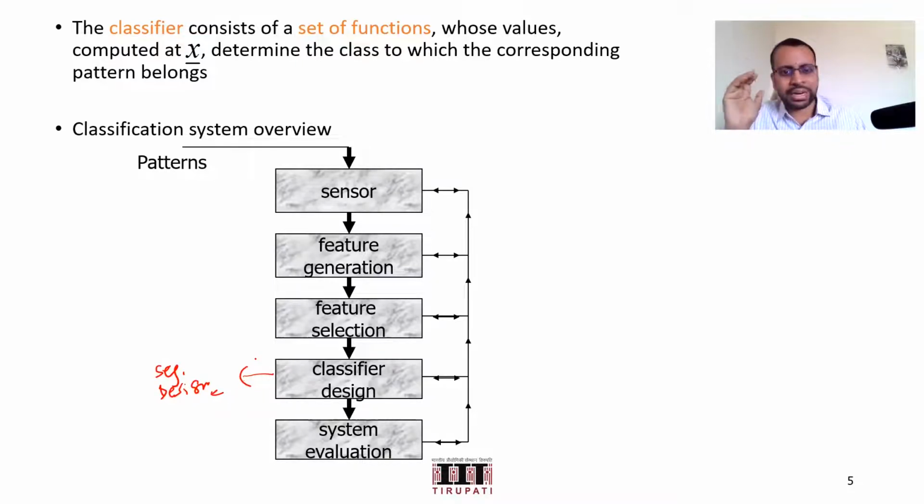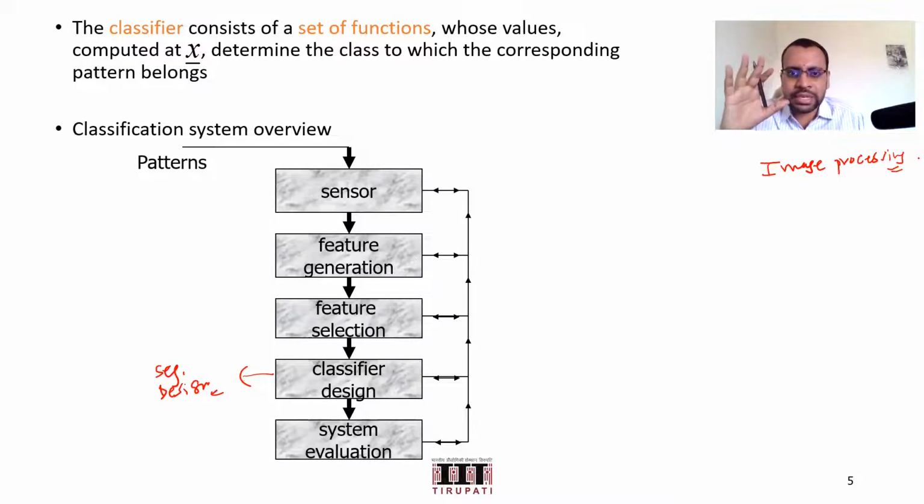So again, to get a picture of it, let us consider a particular application. Since our course is about ML for image processing, let us consider image processing itself as our application here. So what is the whole process that happens here?